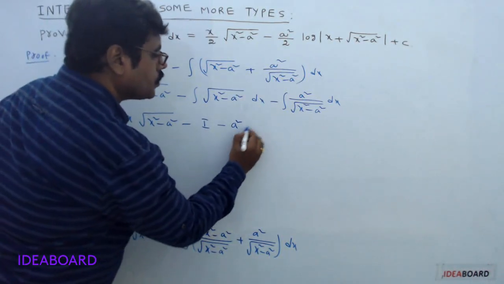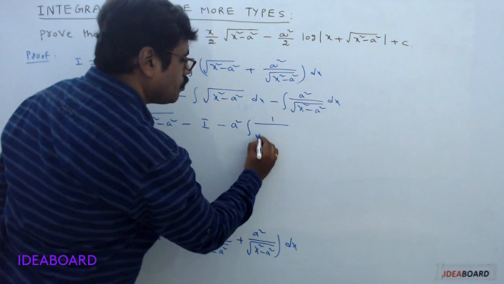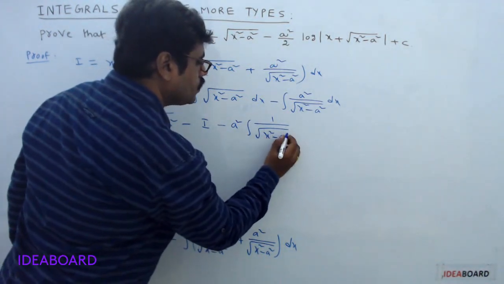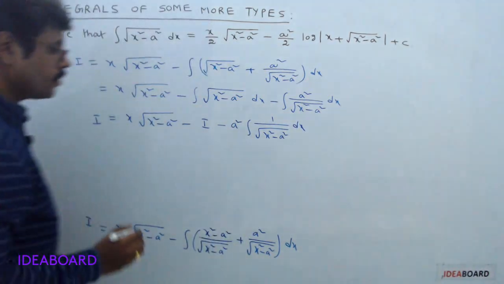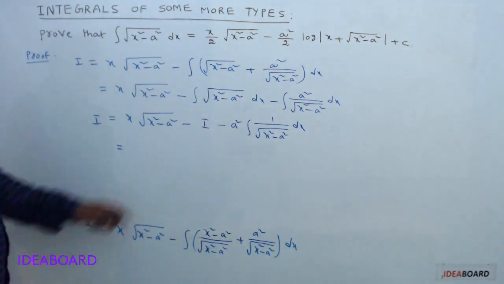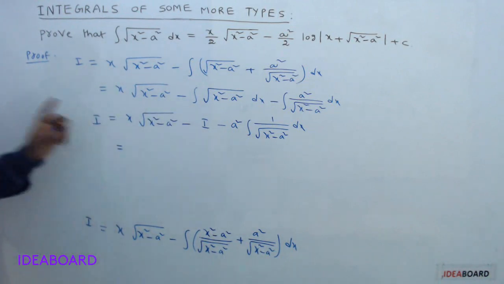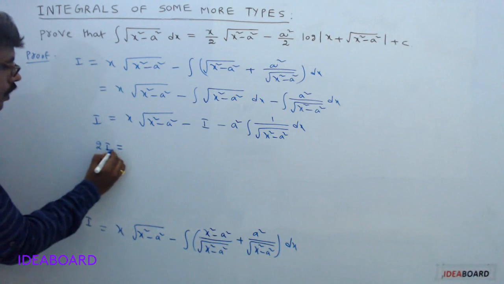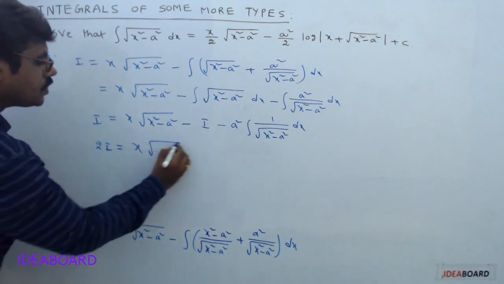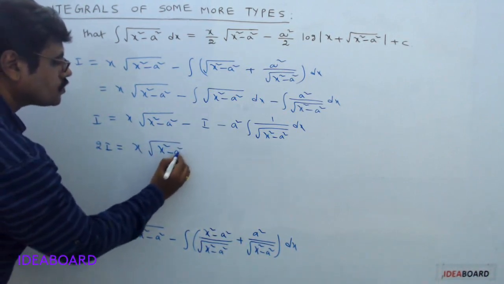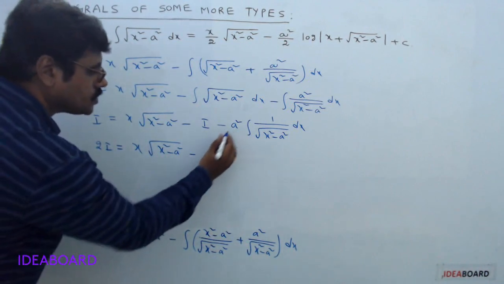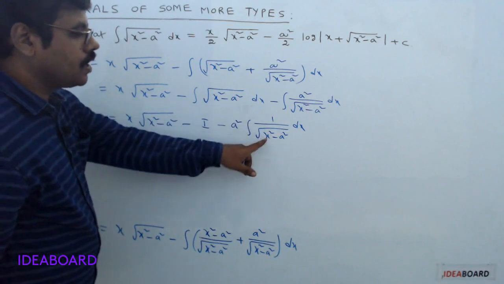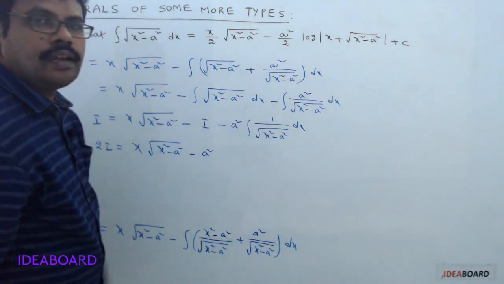So a square into integral 1 divided by square root of x square minus a square dx. Now here bring this minus I from RHS to LHS, then it will be I plus I. So 2I equals x into square root of x square minus a square minus a square into integral 1 divided by root of x square minus a square dx.